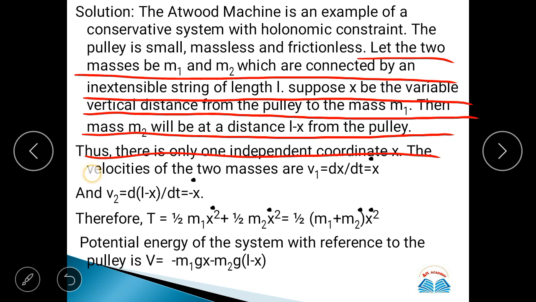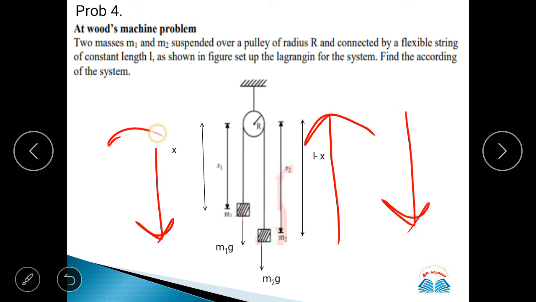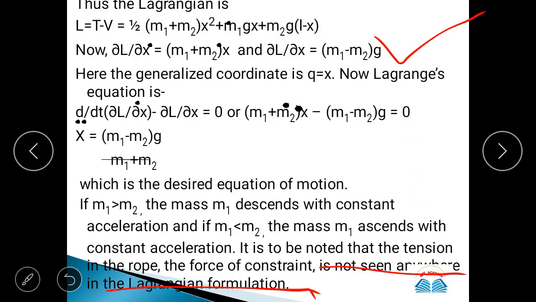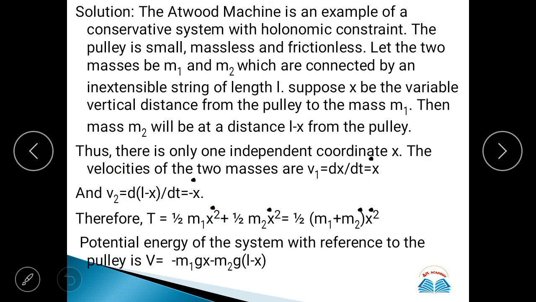The velocities of the two masses are v1 equals dx over dt, that is x dot, and v2 equals minus x dot. When one mass is coming down, m2 is going up, and when that is coming down, this is going up. So when we consider one velocity as positive, we have to consider v2 as negative, in the negative direction.